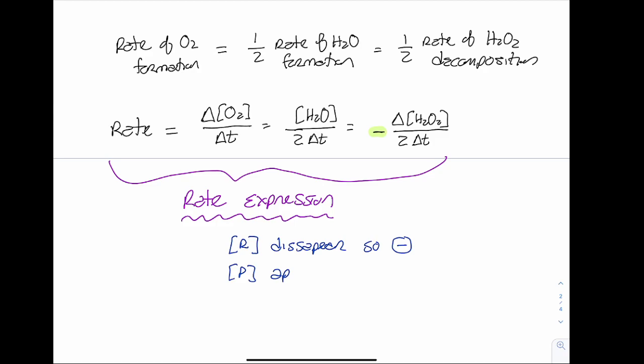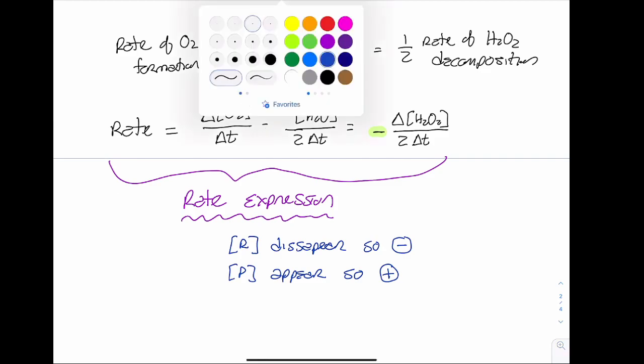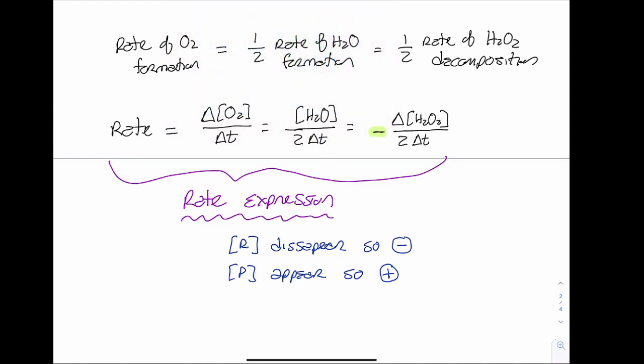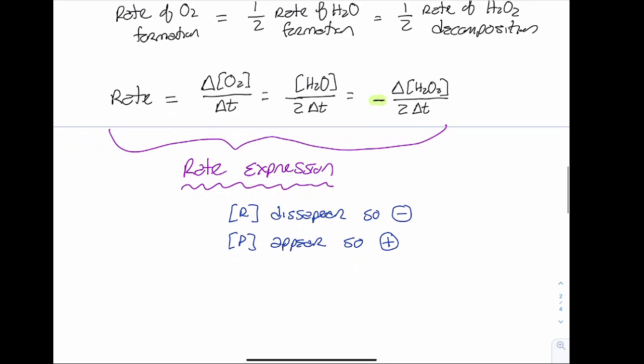They're going to increase. So positive values, if you wanted, you could go and put a plus in front of these if you wanted. You don't need to though. If there isn't a sign, it's assumed to be positive. So always a negative sign in front of your reactants. Your products are going to be positive. You don't have to write that positive there. Our coefficients go in the denominator.